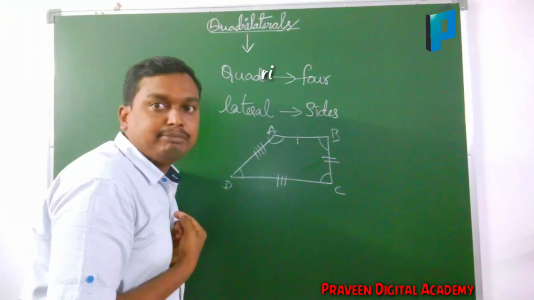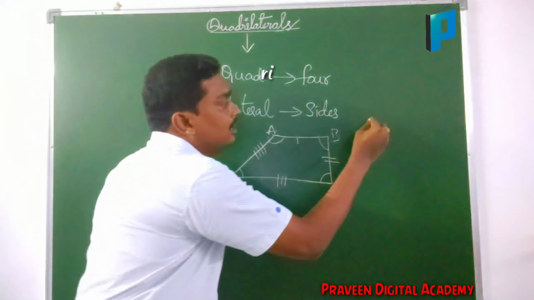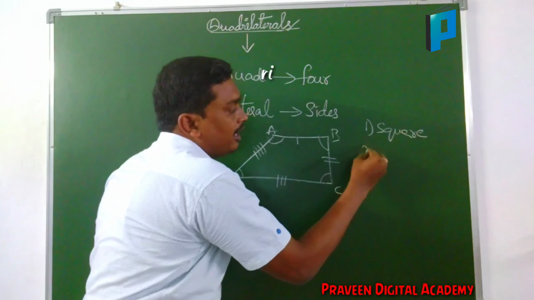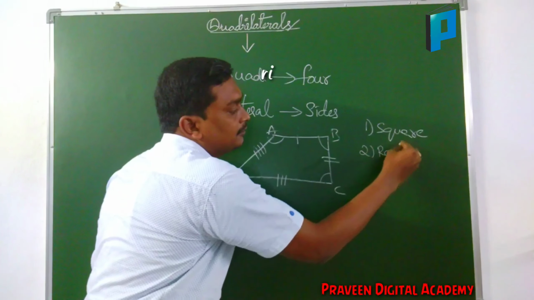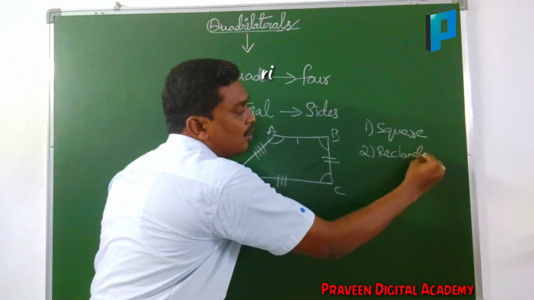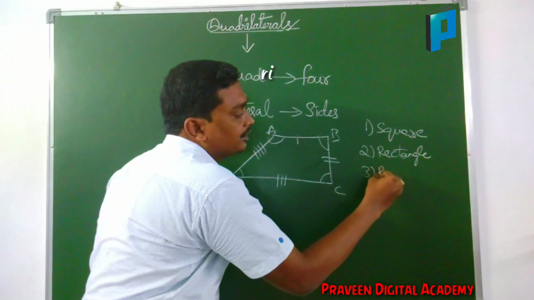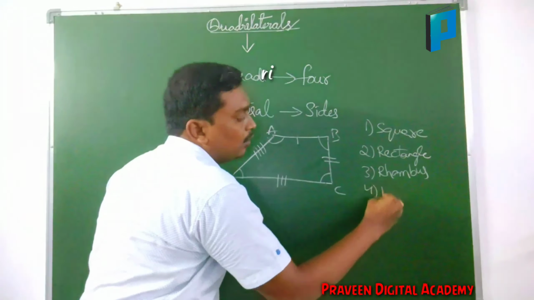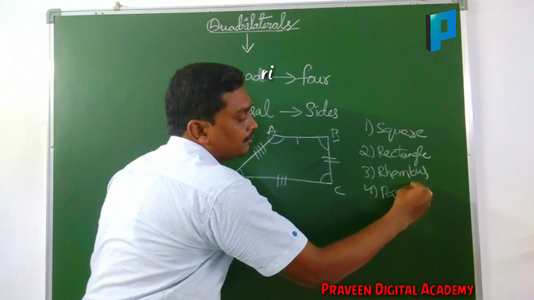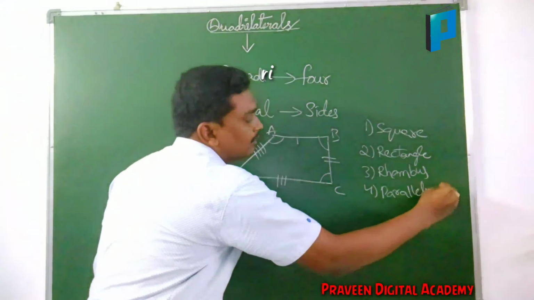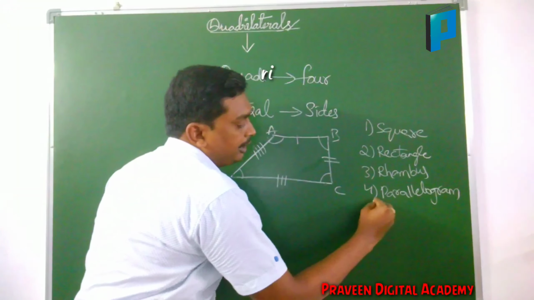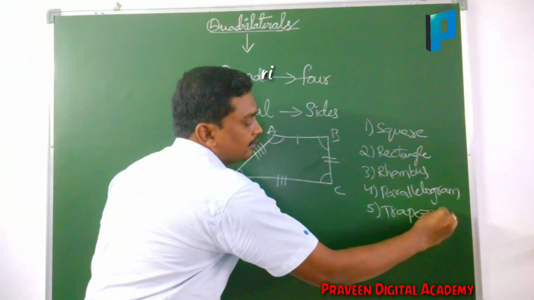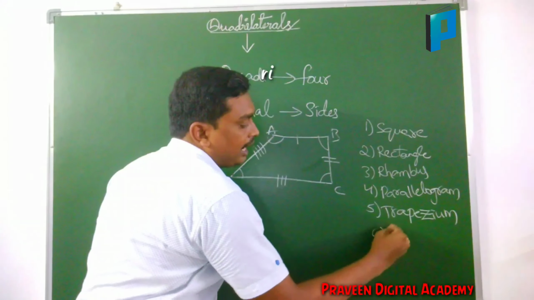Here the different types of quadrilateral are square, rectangle, rhombus, parallelogram, trapezium, kite.